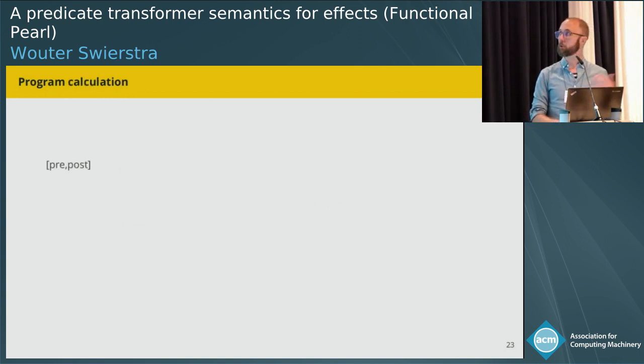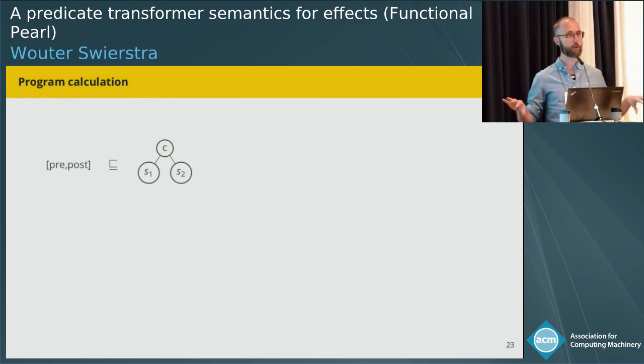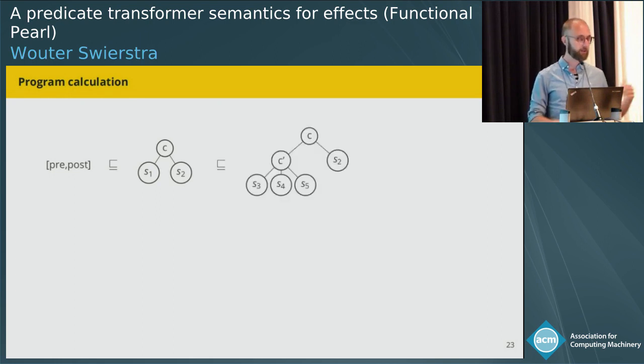So then you start with a programming problem which says, please find a program which satisfies this pre and post, and you can play out a command and say, okay, I'll issue this command, and I have two new specifications that I need to satisfy. I can do this over and over again, and maybe at S3 I think, oh, okay, I can actually find a value of type A which satisfies this specification.